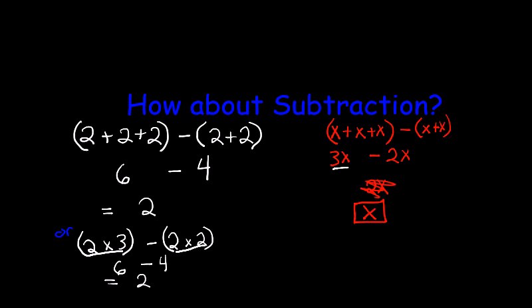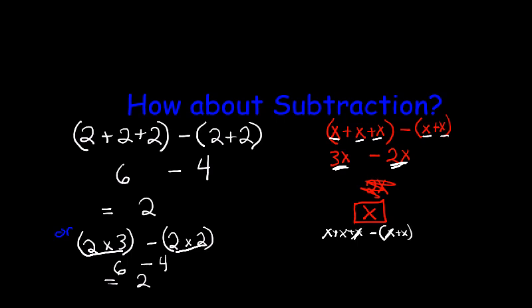Well, if we had 3x and 2x, notice that this number is not changing. We always have the same number each time. So this is just like saying, if I have x plus x plus x minus an x plus x, well, in the old days, you would just cancel these numbers out accordingly.